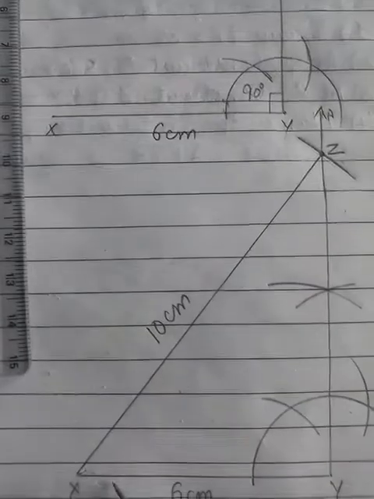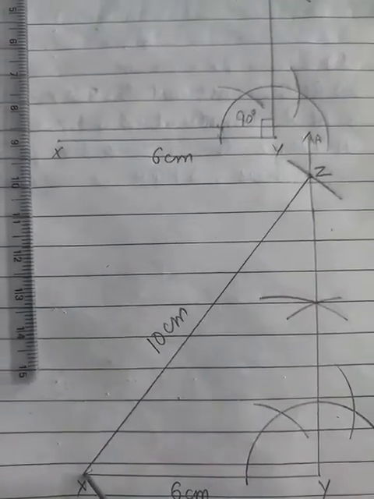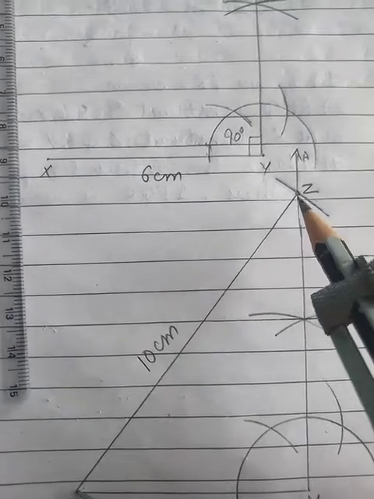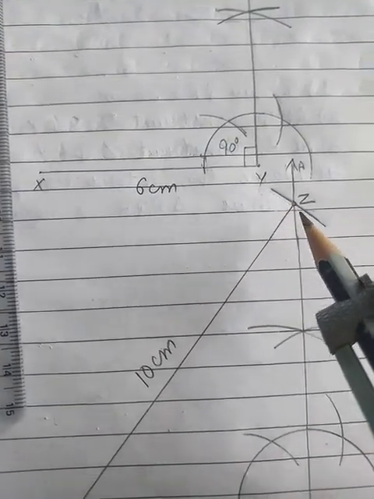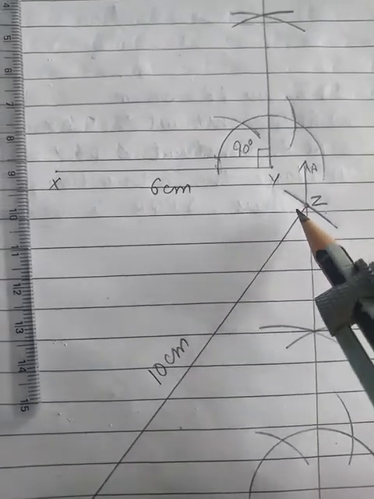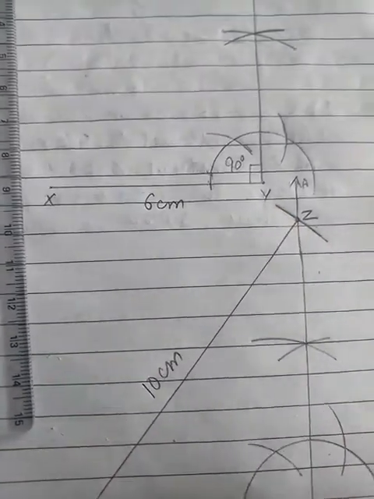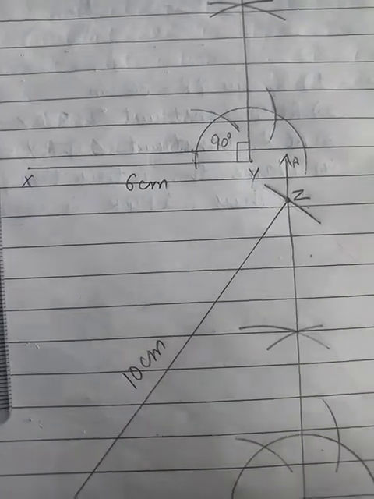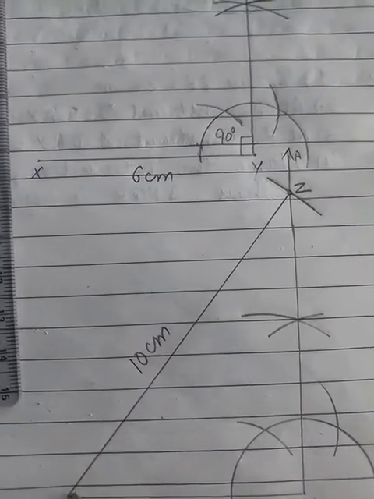Now by keeping X as a center, placing my compass on the point X, I will intersect the line segment AY. The arc is intersecting the AY line segment.